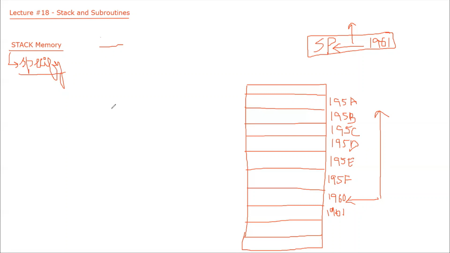So the first thing is that I have to initialize my stack pointer with the address from which I have to use the stack. So I will initialize it with 1961. I am initializing 1961, but please remember, I won't be using 1961. Instead, I will be using the locations beyond this memory location, meaning 1960, 195F, 195E.